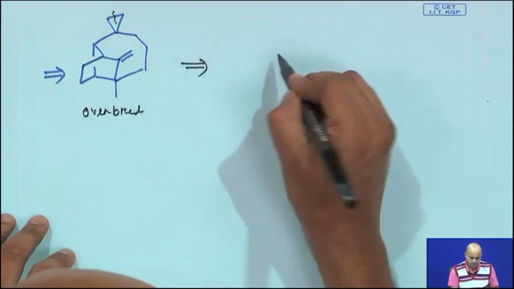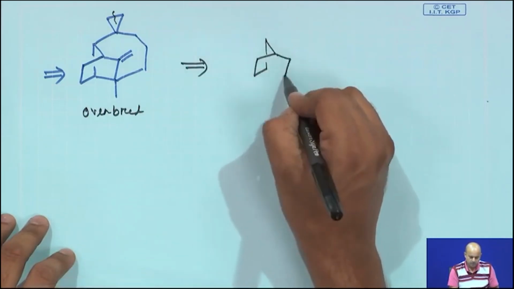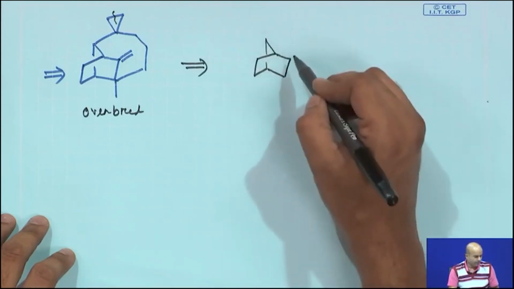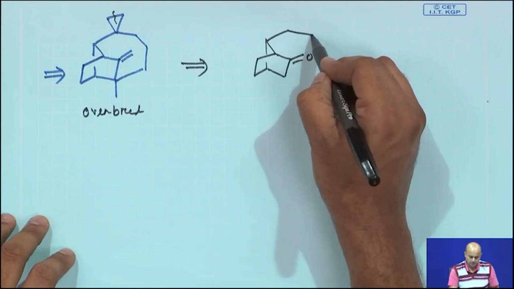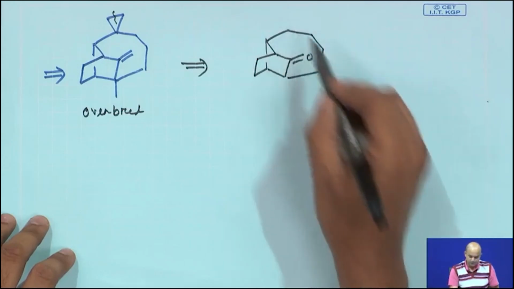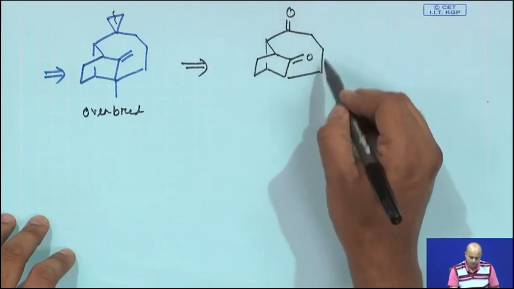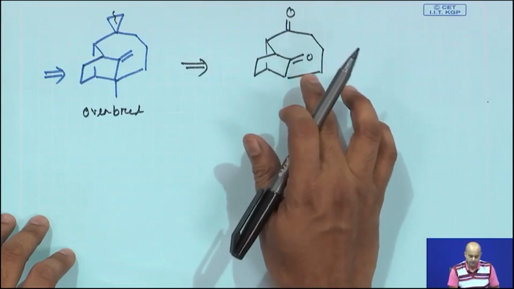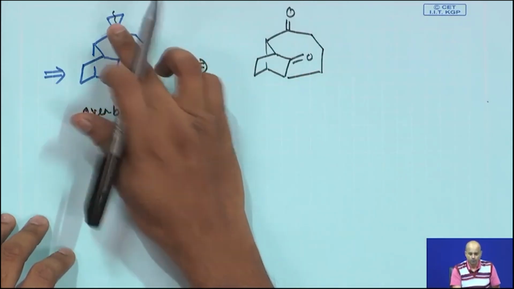Now, I will try to further do the retro, and then I will say that now if you have this dicarbonyl compound, 1, 2, 3, this dicarbonyl gives you access to this intermediate or this cyclopropane overbred.